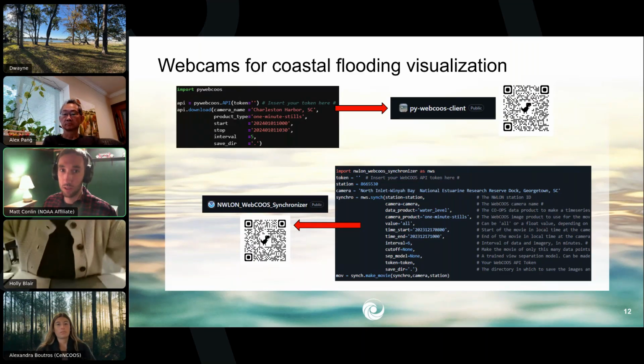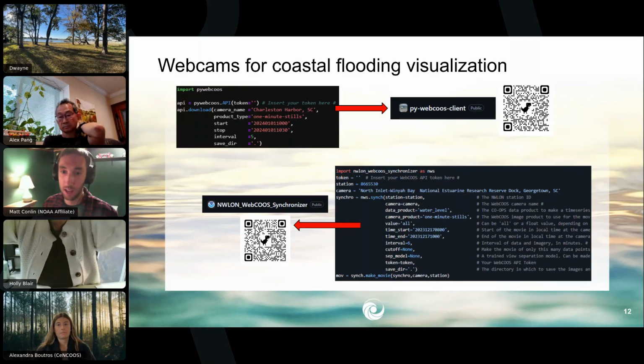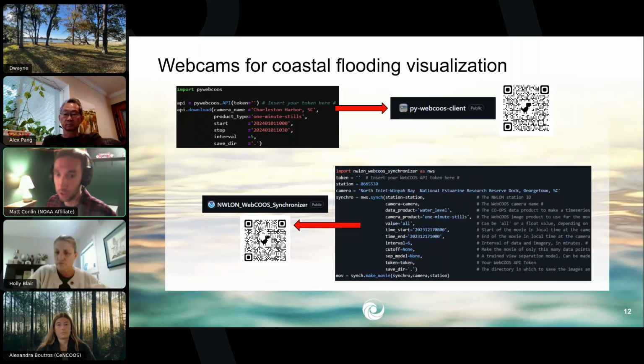That allowed us to build a more complex software package on top of that, which you're seeing on the bottom, which I've very creatively named the Enlon WebCOOS Synchronizer. This is a software package that takes all the complicated aspects of taking data from tide gauges and videos from WebCOOS cameras, merging them in time, and making really nice visualizations to let you watch video from the camera and data from the tide gauge progress through time simultaneously.